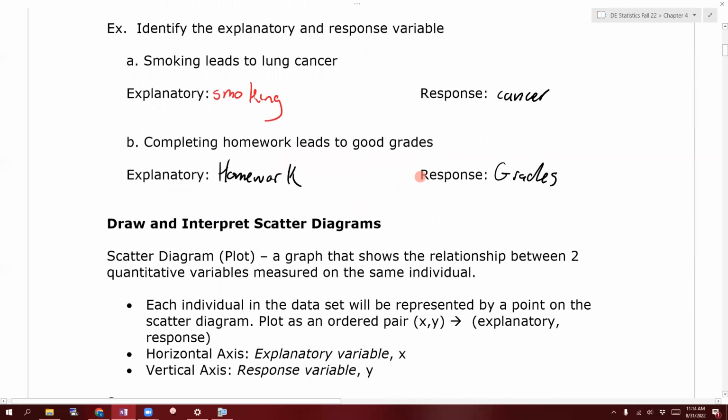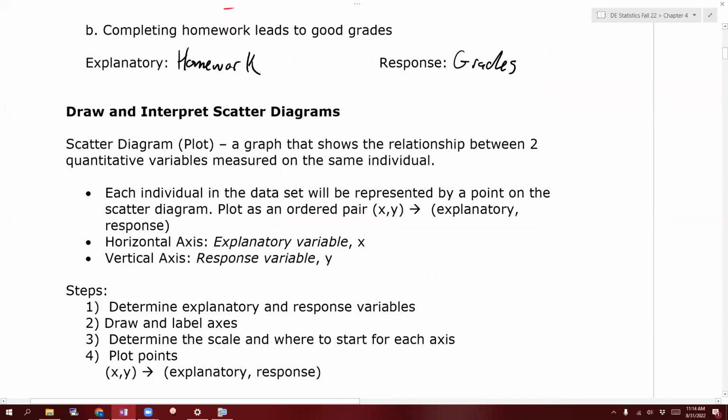All right. Now we're going to talk about how we create a scatter plot or a scatter diagram, and what all the different components mean. In order to create a scatter plot, you have to be recording two sets of numerical data, and you have to have a hypothesis that those two sets are related.